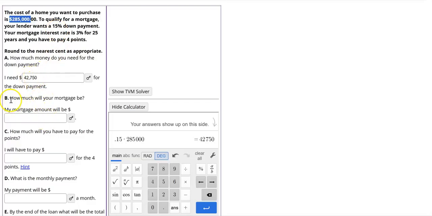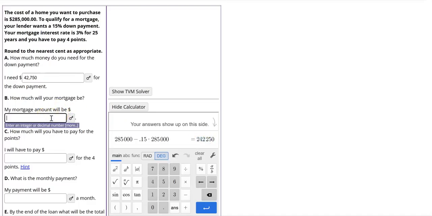Next question, part B. How much will your mortgage be? The mortgage is a loan. Since you're making a $42,750 down payment and the price of the house is $285,000, if you subtract the down payment from $285,000, you get $242,250.